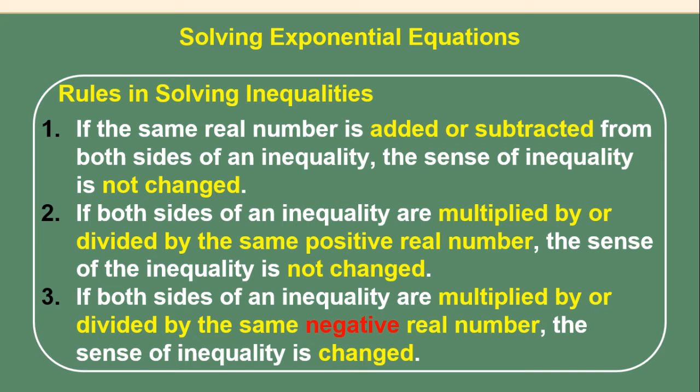But if both sides of an inequality are multiplied or divided by the same negative real number, the sense of inequality is changed. Okay, take note. We are going to change the inequality symbol if we multiply or divide both sides of the inequality by the same negative real number.